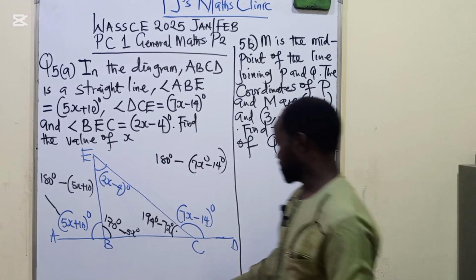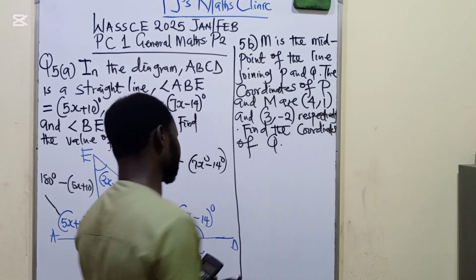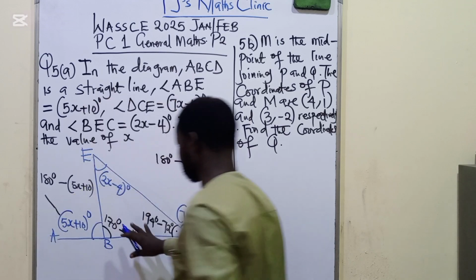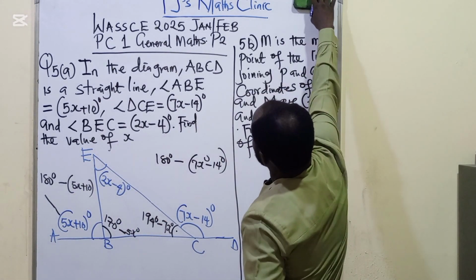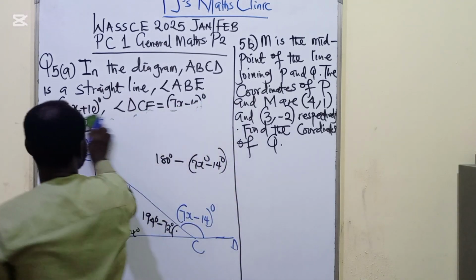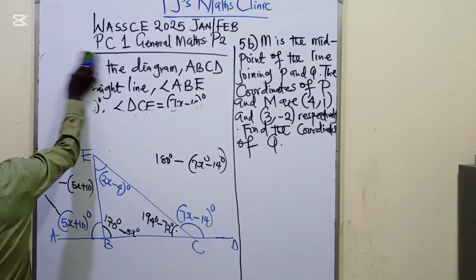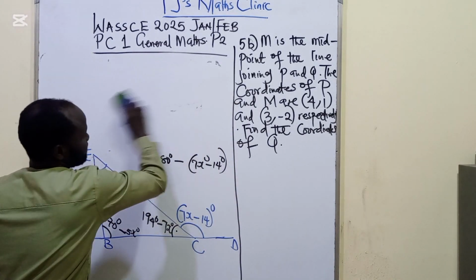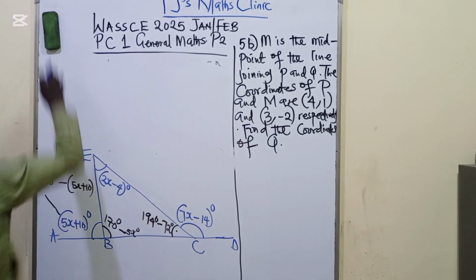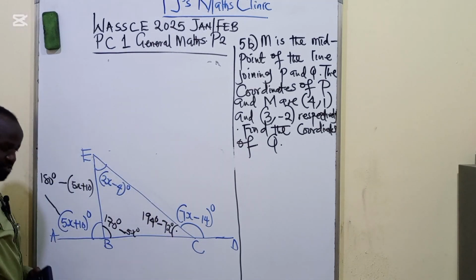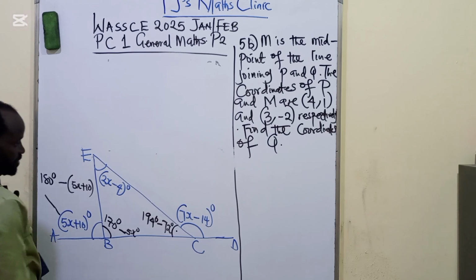Since this is a theory question, we have to show the workings. Very important. Since I'm through with the question, we are asked to find x. Let me remove this part so that I can have enough space. Let's get the angle at C mathematically.